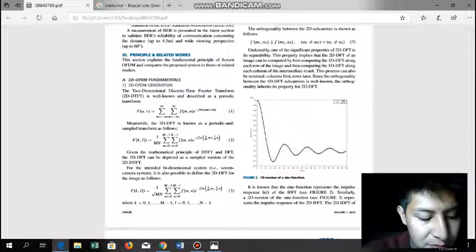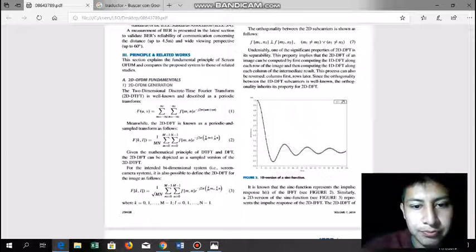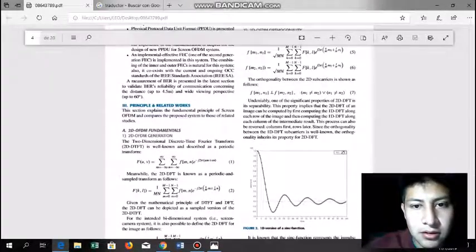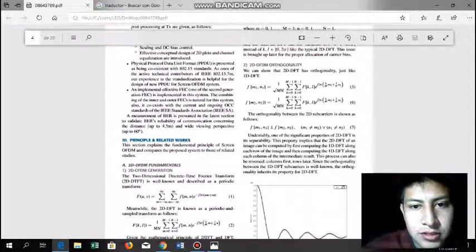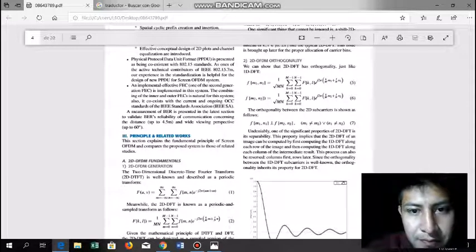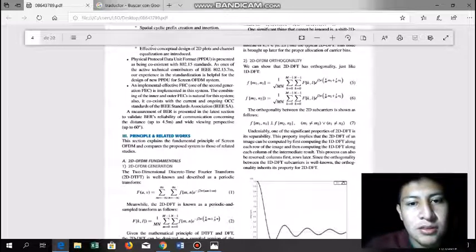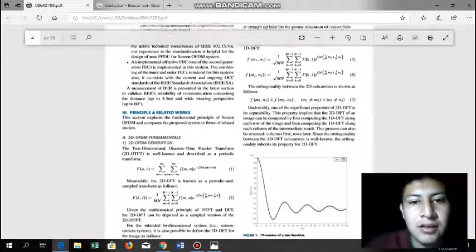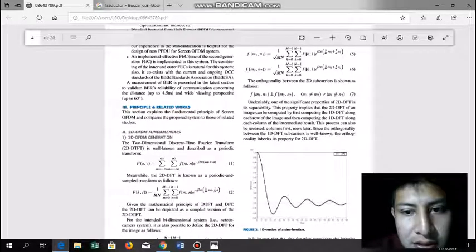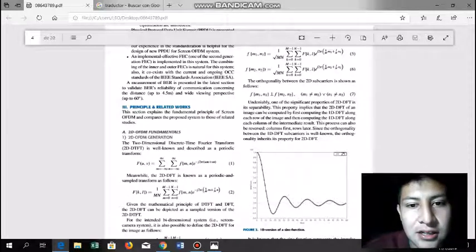And the second point is 2D OFDM orthogonality. We can show that the 2D DFT has orthogonality just like the 1D DFT. The orthogonality between the 2D subcarriers is shown as follows.